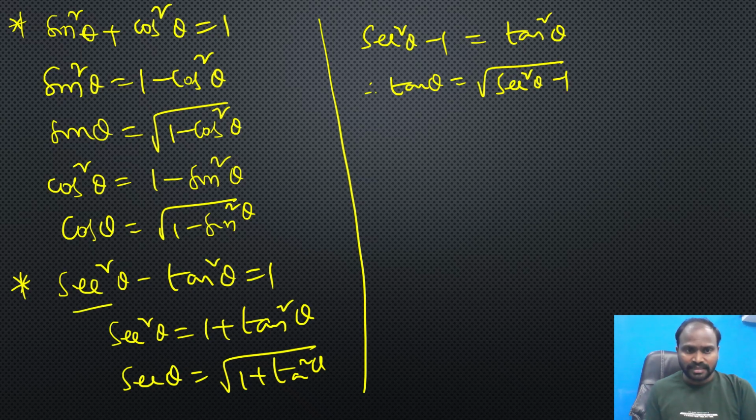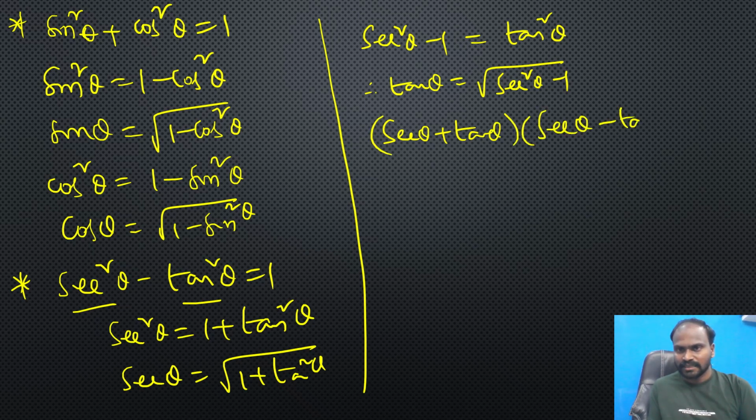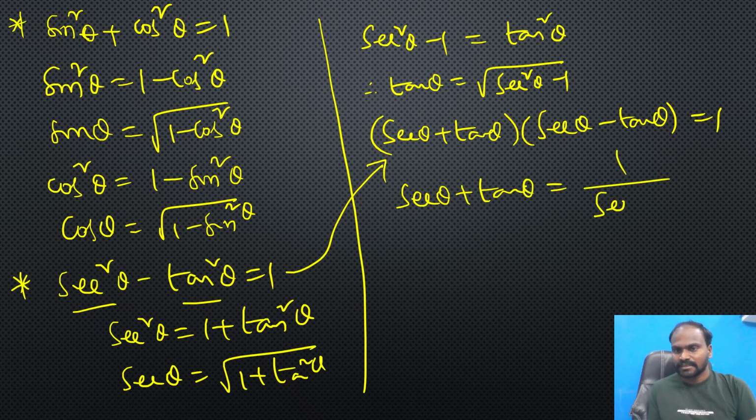Now, if you look at this identity, it is like a square minus b square. That means we can write that as secant theta plus tan theta into secant theta minus tan theta, because we are using the a square minus b square formula, which is a plus b into a minus b. Now from this I can write secant theta plus tan theta is equal to what, Nana? 1 by secant theta minus tan theta.